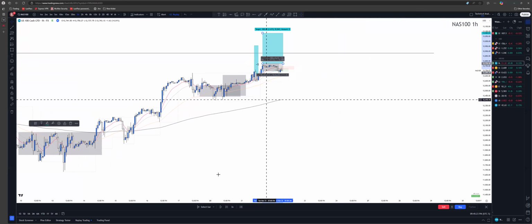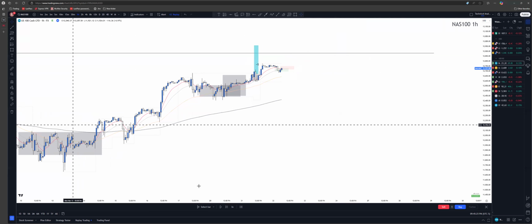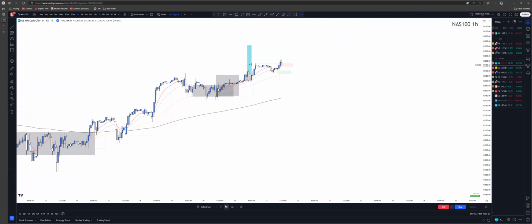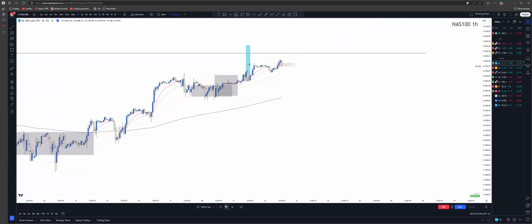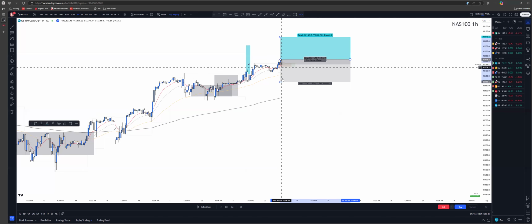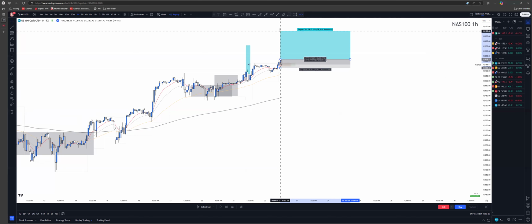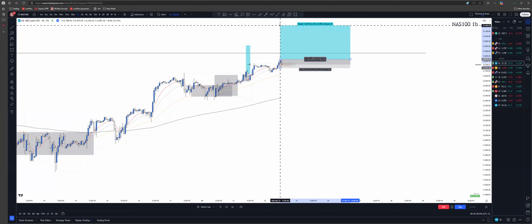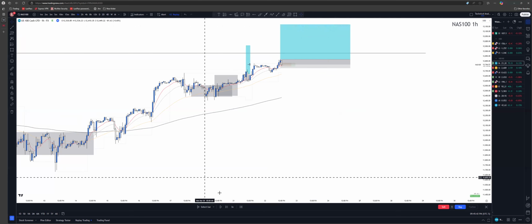Okay. And it'll get validated. And we can look for another setup. Okay. Another setup right here. So you trade through that high and we can look for that 4R.